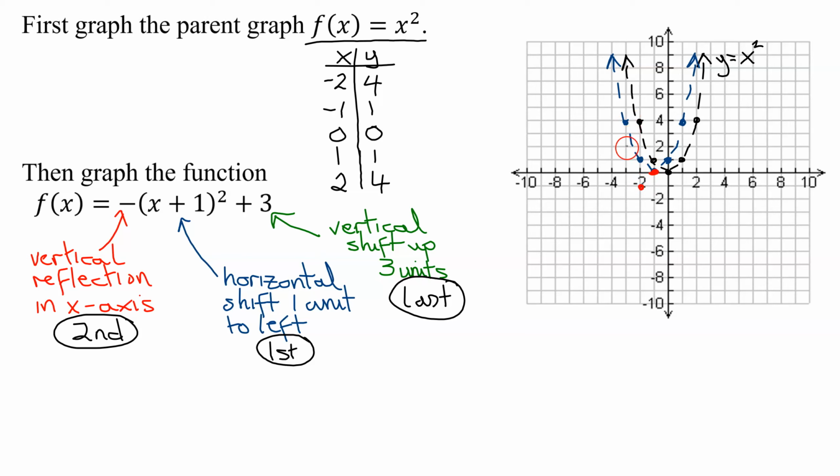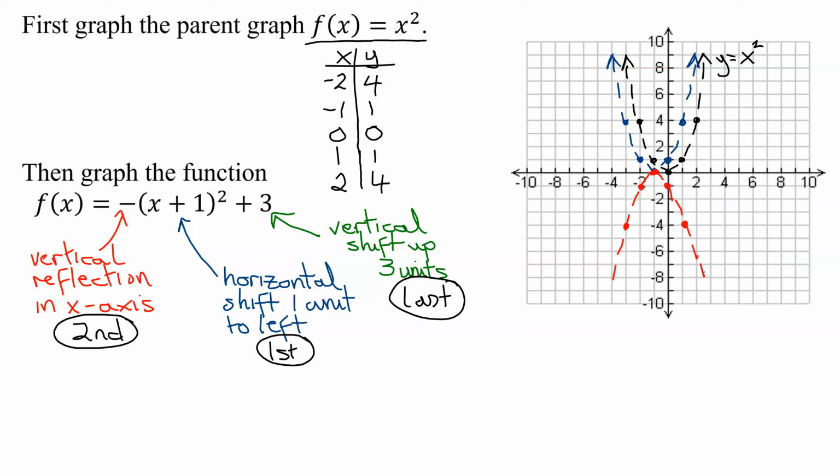This was 4 above. It's going to go 4 below. The next blue point was 1 above. It goes 1 below. And the last blue point, 4 above, 4 below. So there is my reflected graph. Sorry for the terrible drawing.